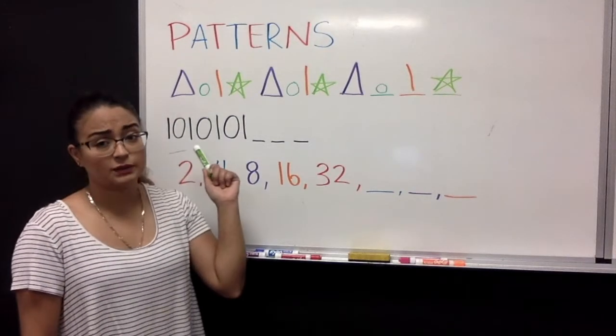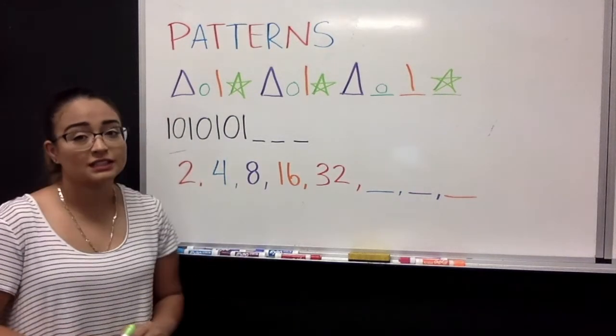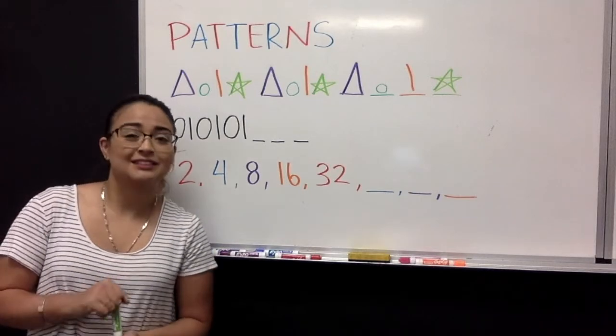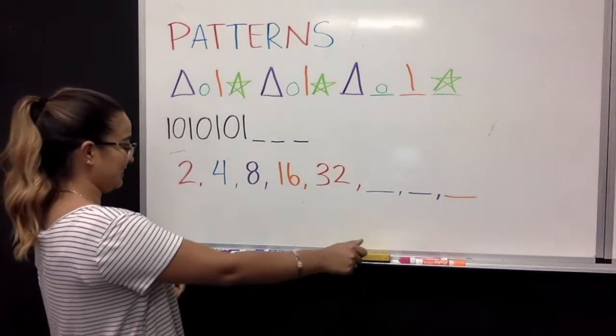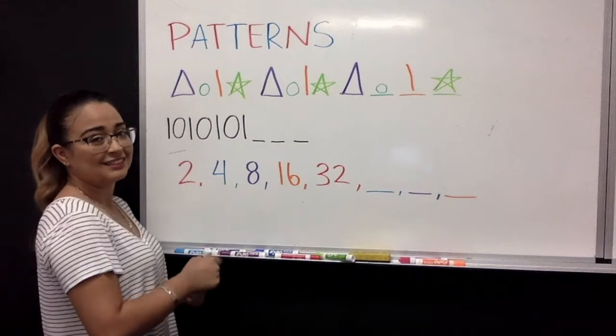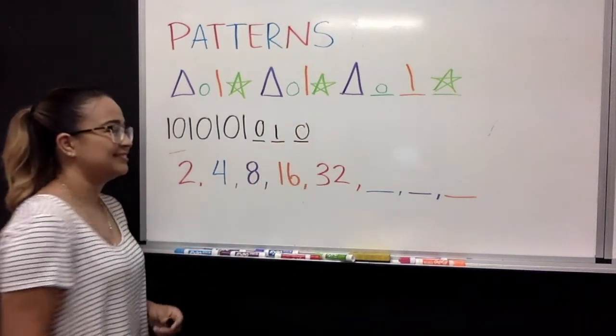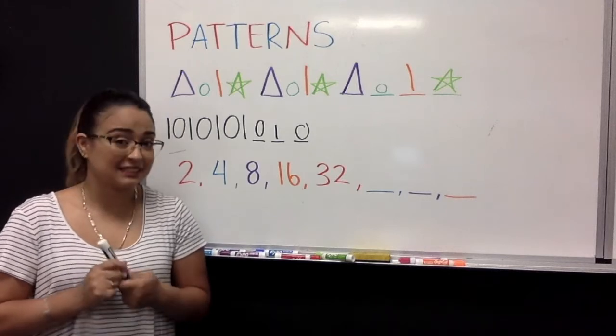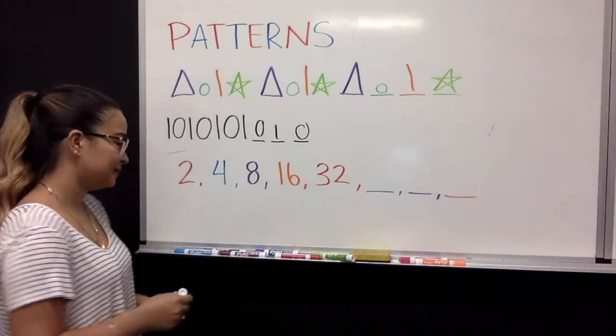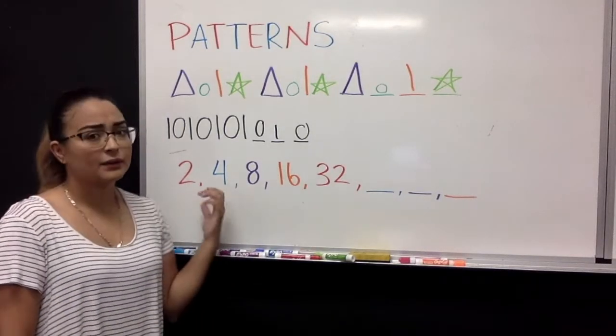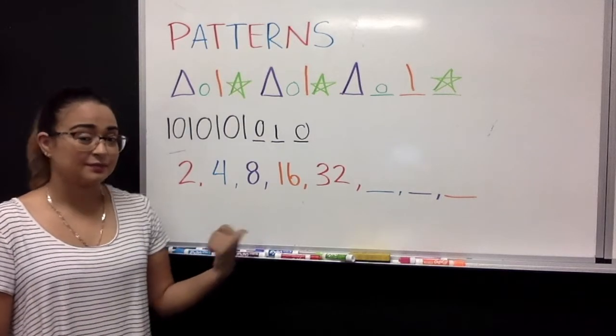What about in a sequence like this? We have 1 0 1 0 1 0 1. Zero, 1, 0. Make sense? It'll just continue. Now what about in a sequence like this?